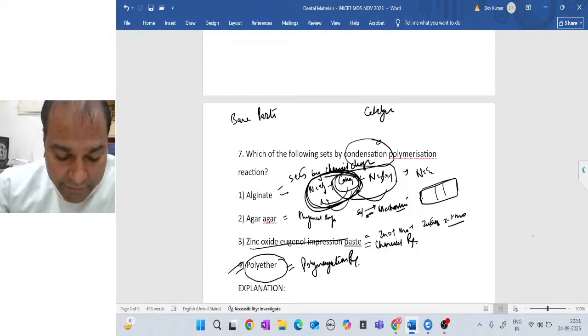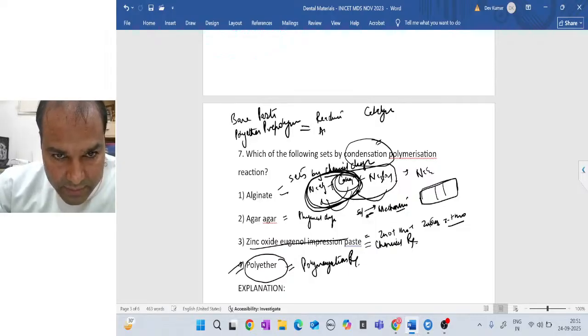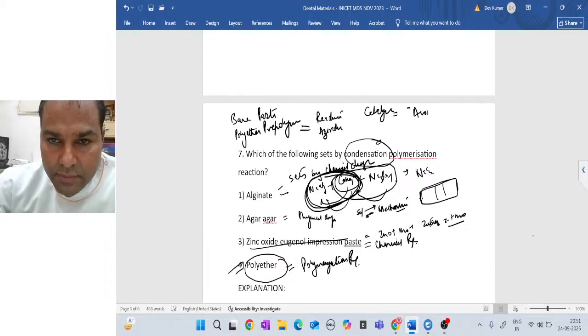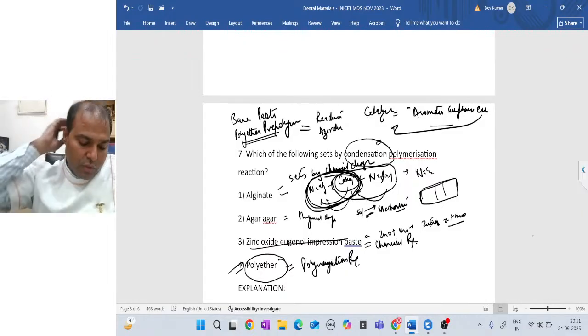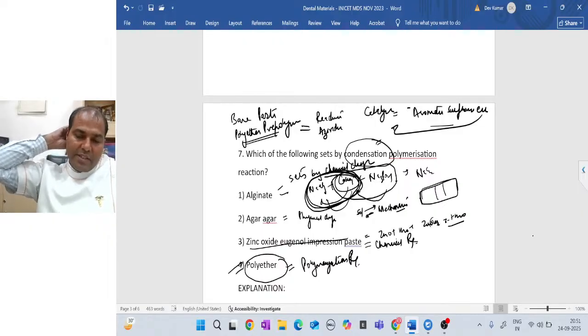So in base paste we have polyether prepolymer with reactive aziridine rings, and the catalyst is having mainly the aromatic sulfonic esters. So it is the reaction between the polyether prepolymer and the aromatic sulfonate ester. So it forms a cross linking reaction and forms a polyether.